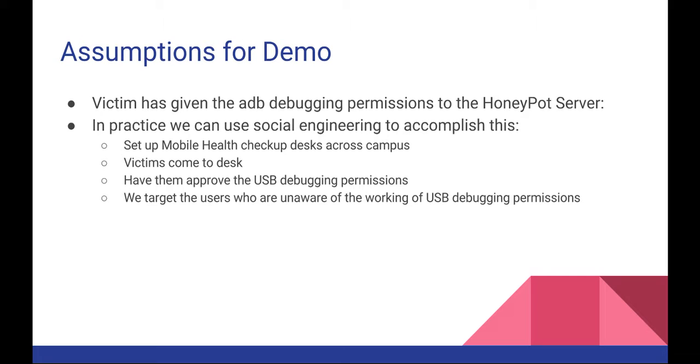Then when the victims come to the desk, we have them approve the USB debugging permissions by connecting their phone. In the background, we are actually recording the IP addresses of the devices.